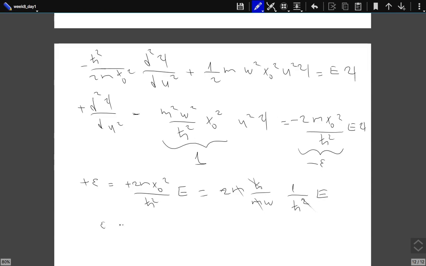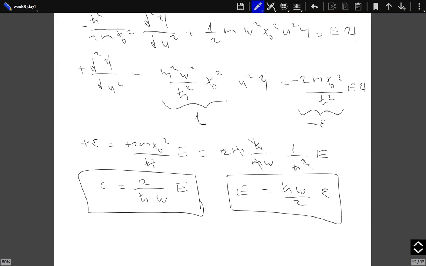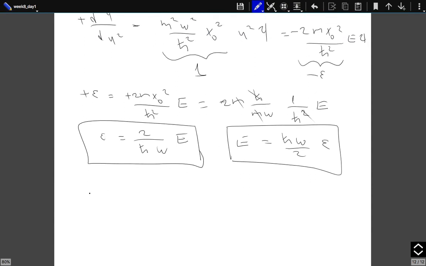So epsilon is equal to 2 over h bar omega times capital E. Or E should be equal to h bar omega over 2 times epsilon. And now my differential equation is d squared psi by du squared plus epsilon minus u squared psi should be equal to 0.